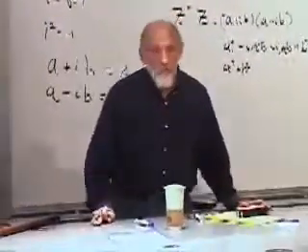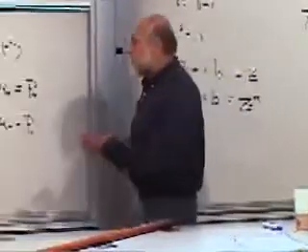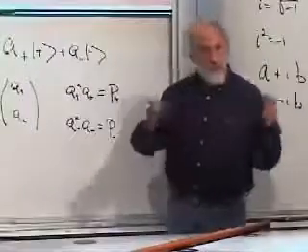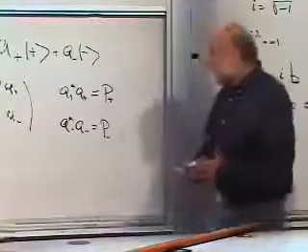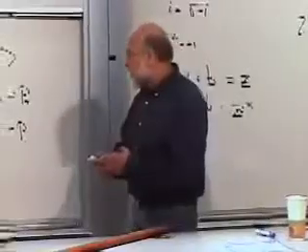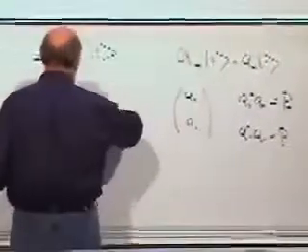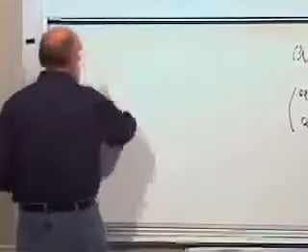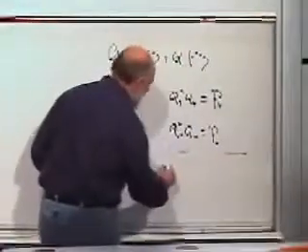So one of the rules about quantum mechanics is that we have a vector space of some kind, an abstract vector space, but the vectors which actually represent the physical states of a system are normalized. Normalized means that the sum of the probabilities is 1.